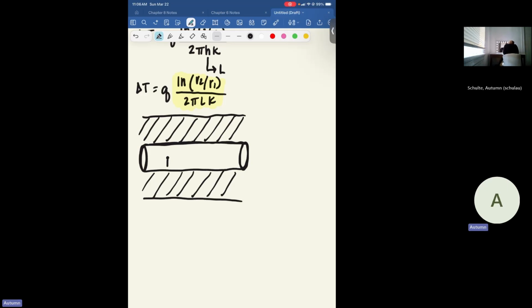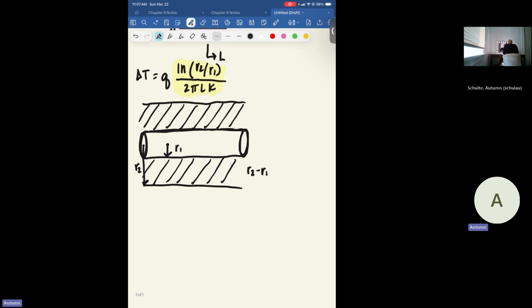R1 is going to be the length of the middle of the pipe to the edge of the pipe. So that's going to be our inner radius. And our outer radius, R2, is going to be from the middle of the pipe to the edge of the insulation. The thickness of the insulation could be modeled as R2 minus R1.